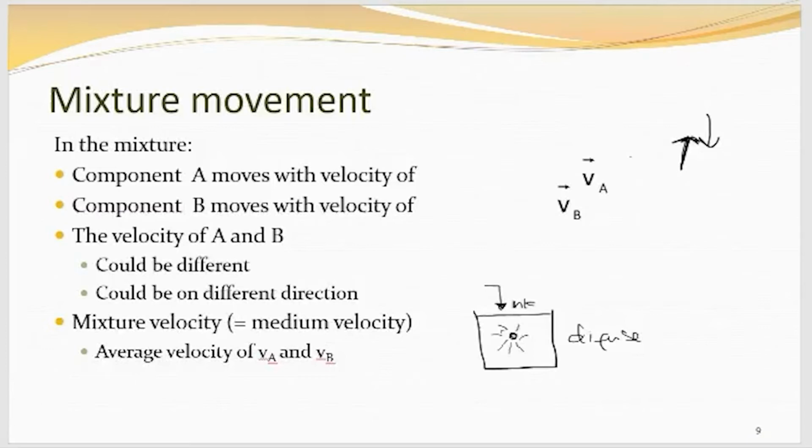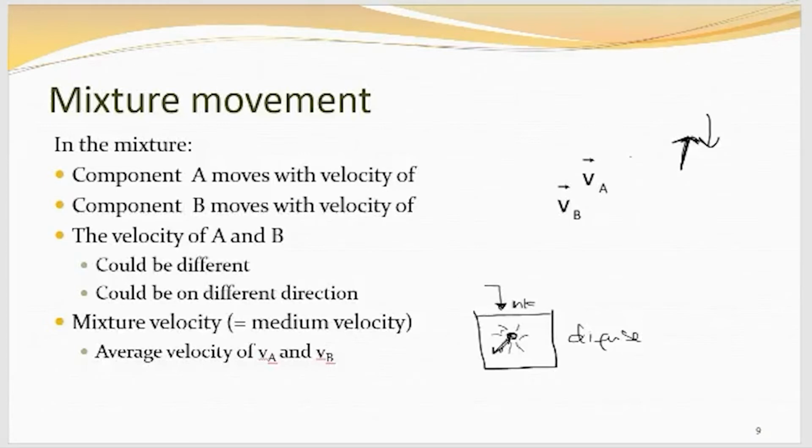Now, in this case, when one molecule of ink moves in this direction, one molecule of water will also move in the opposite direction to replace the place of that ink molecule.